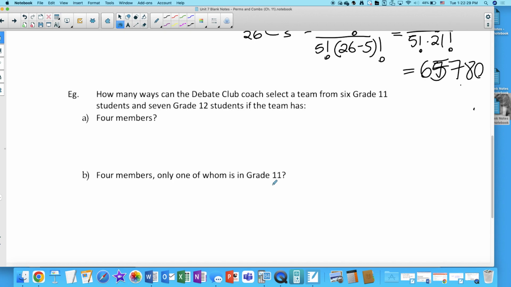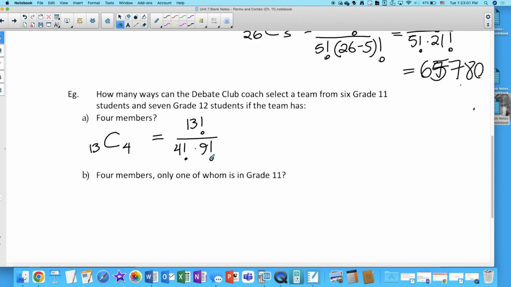Okay, so if you want to make a team of 4, how many students do you have to work with? 13, yeah. 6 in grade 11, 7 in grade 12, so 13 students total. And we're choosing 4 of them. 13 choose 4. It's going to be 13 factorial over 4 factorial times 9 factorial.